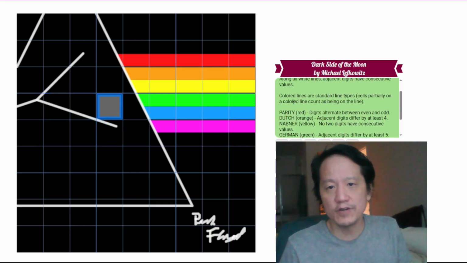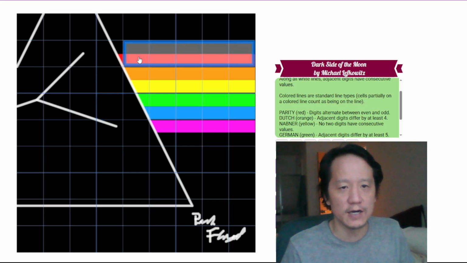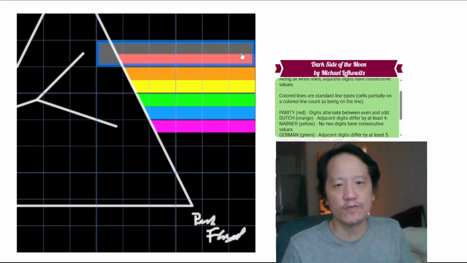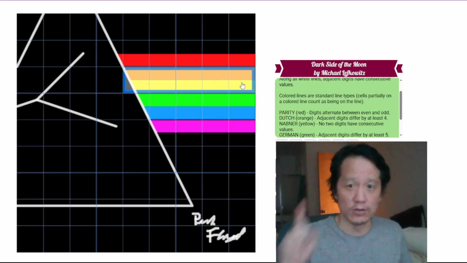We also have colored lines, which are standard line types, that is, cells partially on a colored line count as being on the line. So therefore, all of these are on the red line. All of these 5 are in the orange and yellow lines.